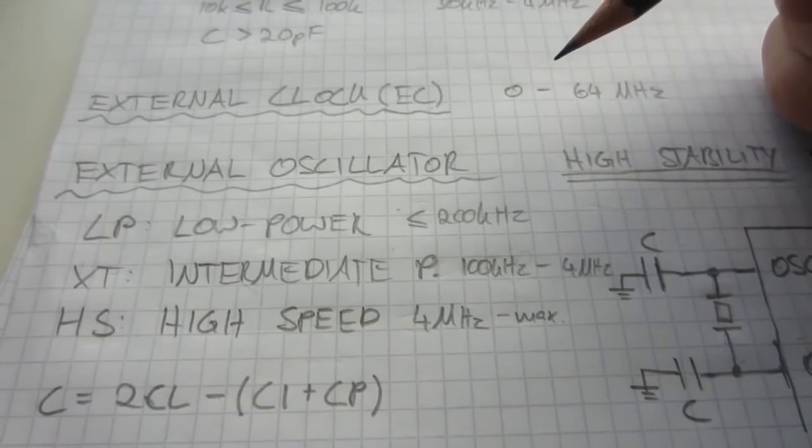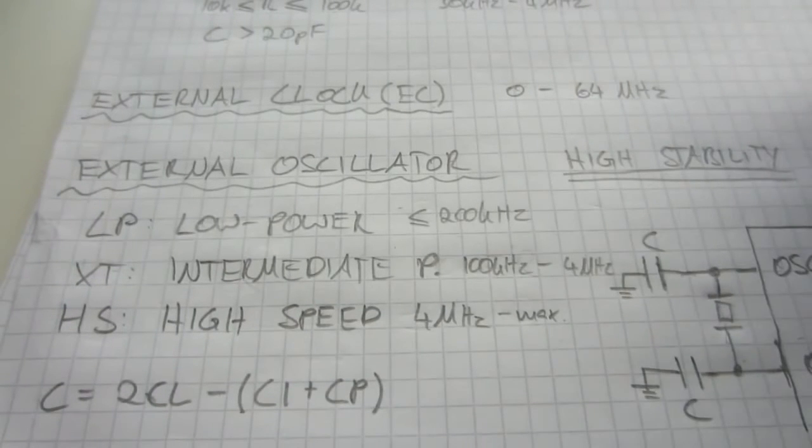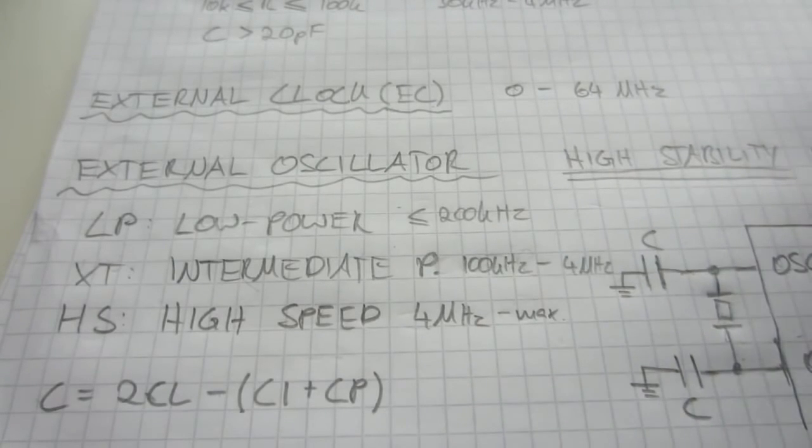There are certain crystal frequencies that can be evenly divided by a binary value, or by a power of 2. And therefore they are particularly good to create UART clock rates.